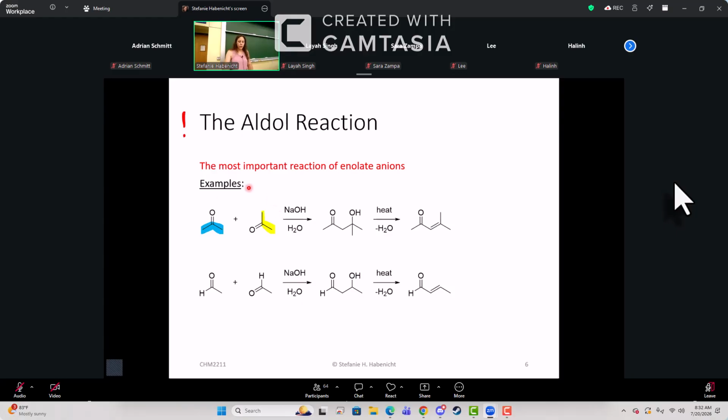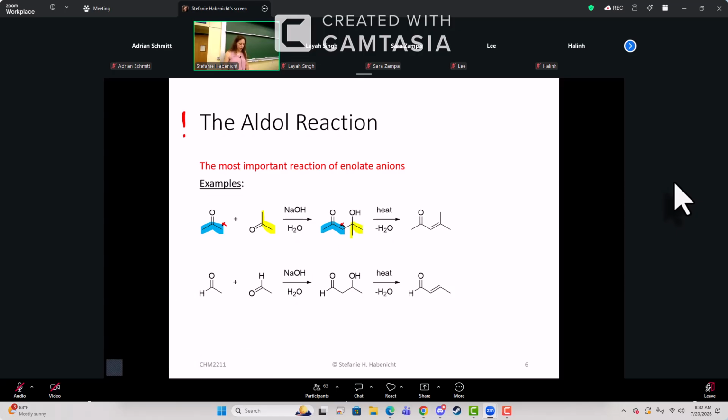All right, so we have two equivalents of a ketone here, two equivalents of acetone. And what will happen is that we will connect the alpha position of one of our ketone equivalents to the carbonyl carbon of the other.